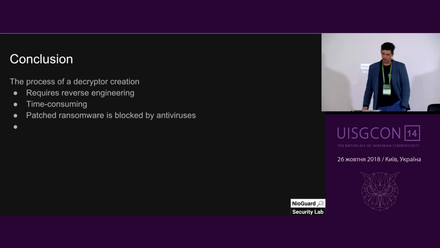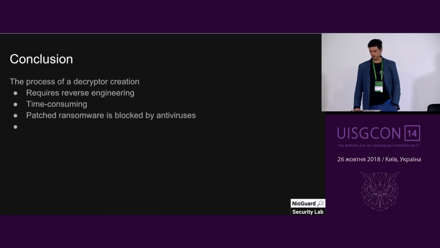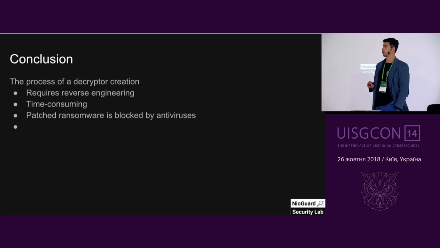So the conclusions. The process of decryptor creation is pretty complex. In most cases, we cannot create a decryptor because the encryption scheme uses a correct implementation of asymmetric and symmetric cryptography.